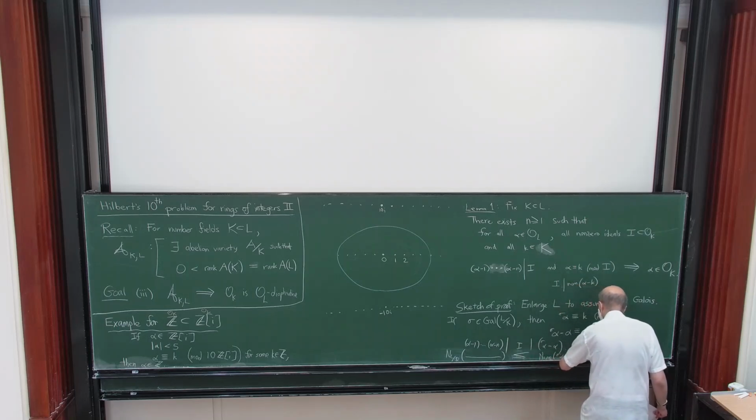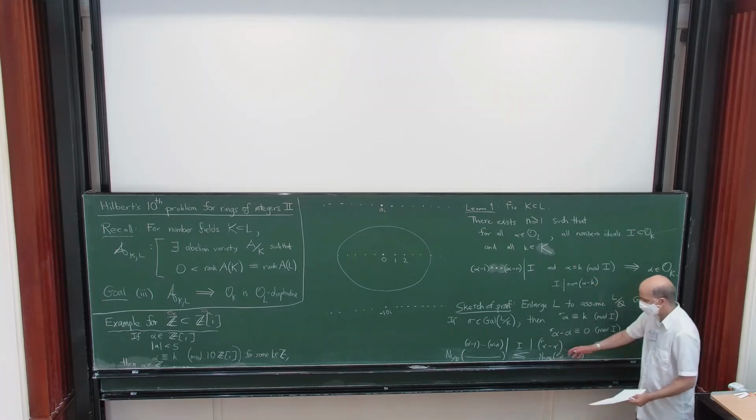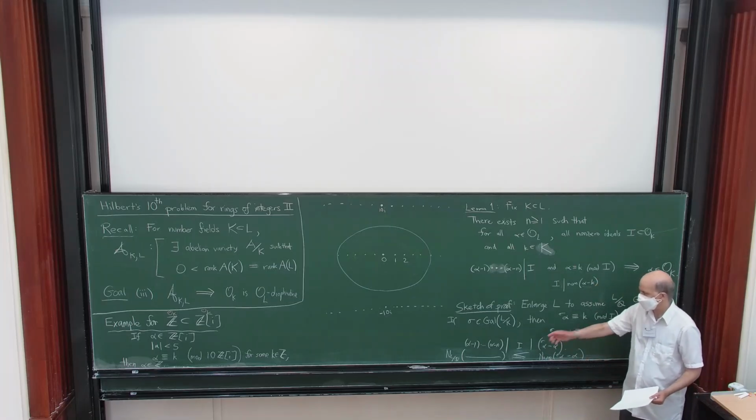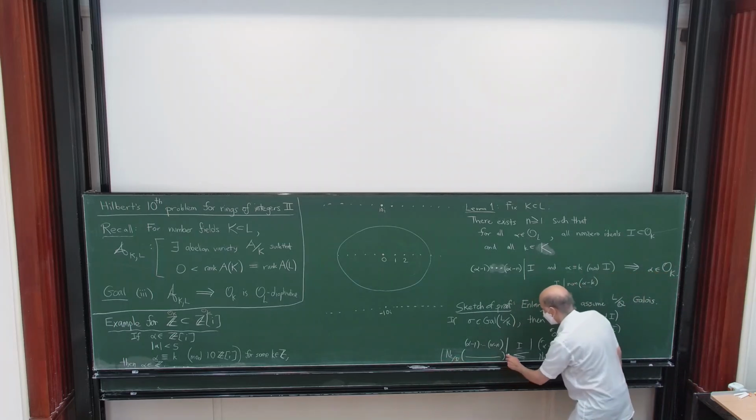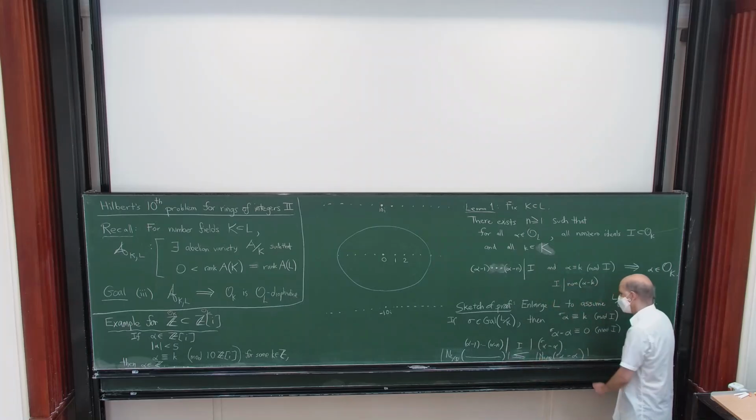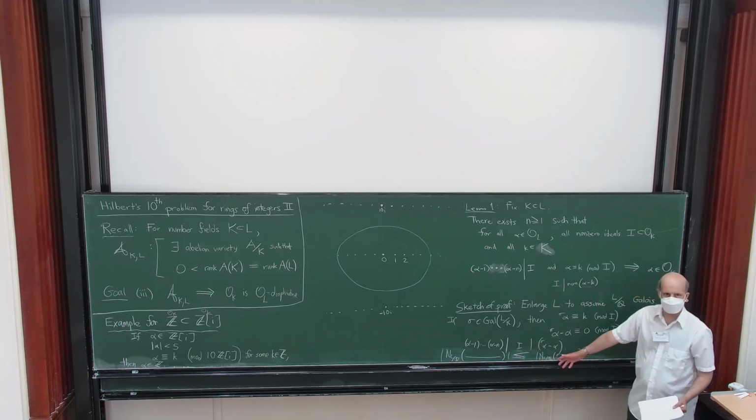And now you just expand the norm as a product of conjugates. You take the absolute values of both sides, and you just get a contradiction from this.